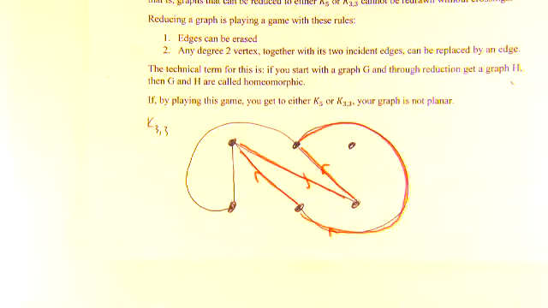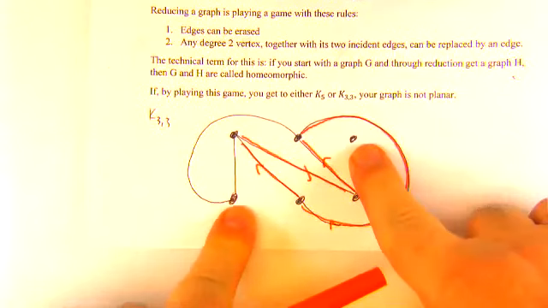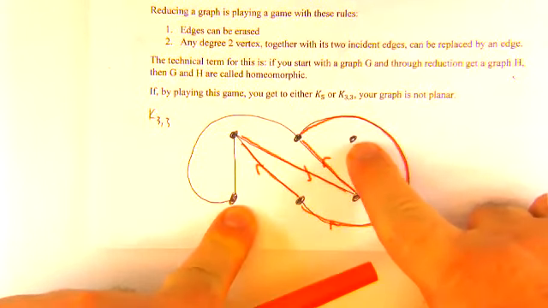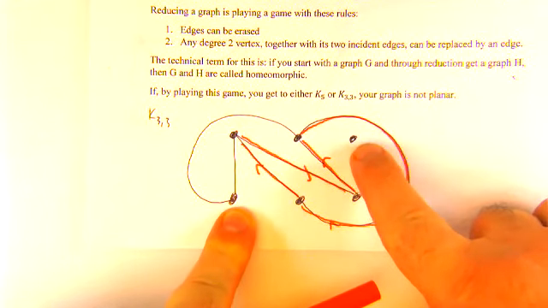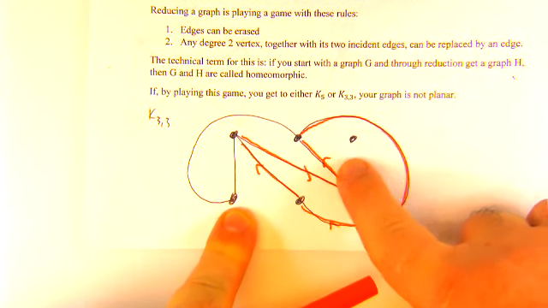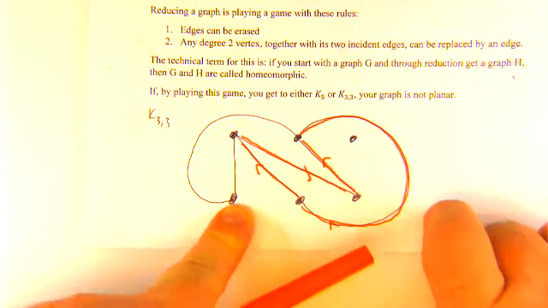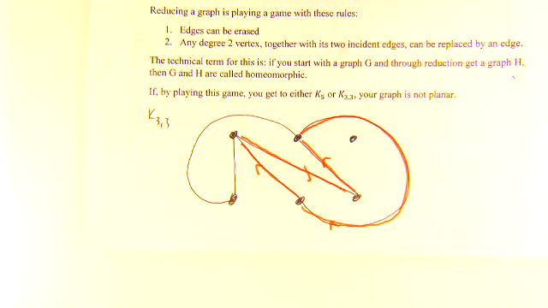So I've got a cycle. These two vertices I want to connect, but this one is inside of the cycle and this one is outside of the cycle. There's no way for me to draw a line that connects this to that without crossing the cycle at some point. And so that's the problem with planarity: does your graph, no matter how you draw it, always end up with a cycle where one vertex is inside and one vertex is outside, and you really need to connect those two vertices.